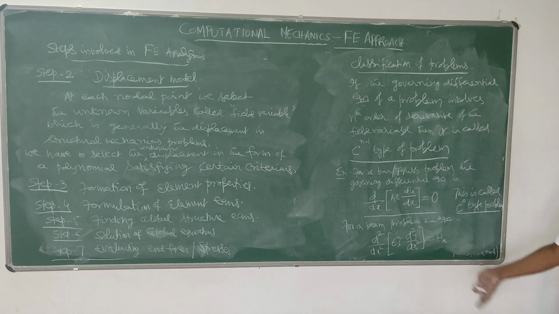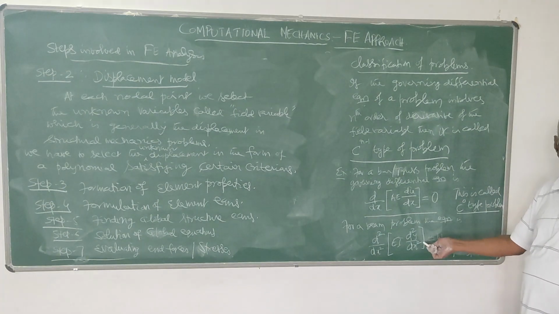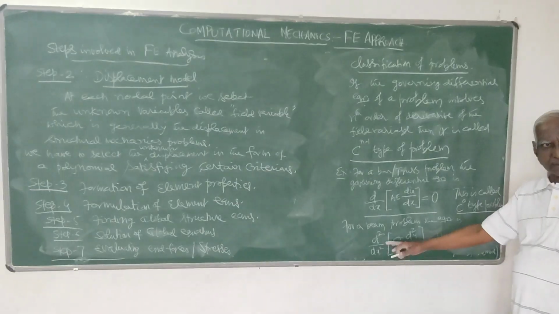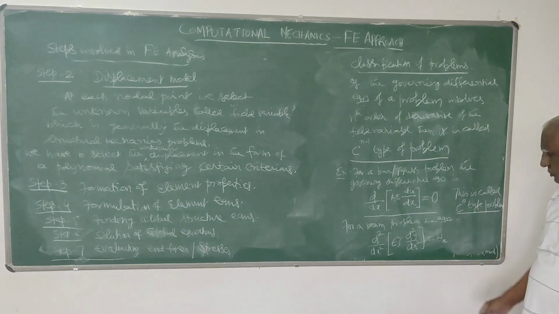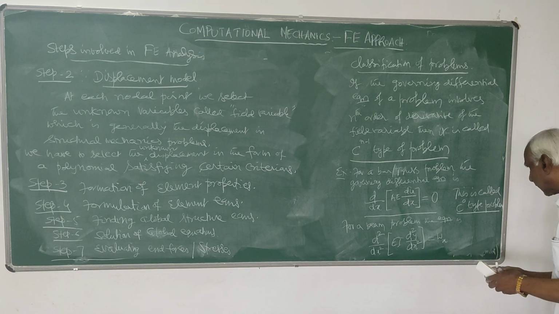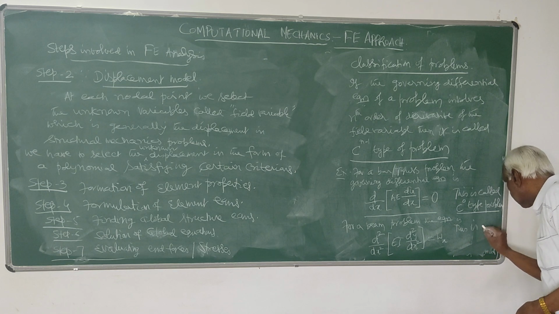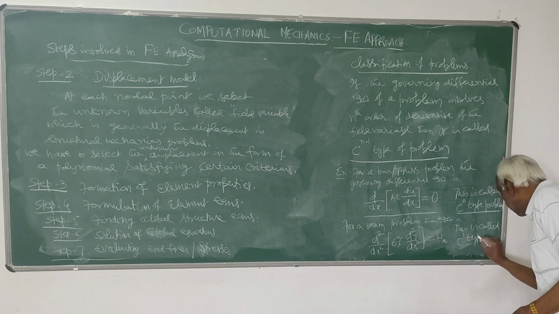And here d4 by dx4 equals wx. This contains a higher order, 2, because here the second derivative is not 0, the slope. So this is called C1 type of problem. This is called C1 type problem.